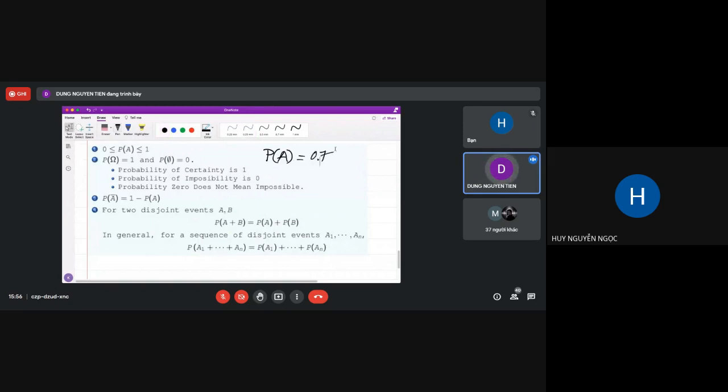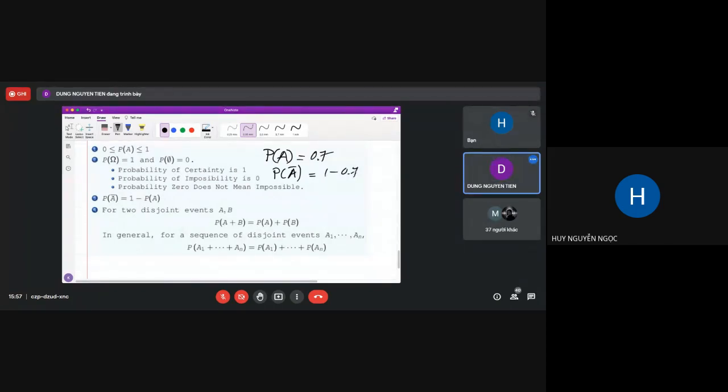What is the probability that you don't pass the course? The probability that you don't pass the course is the probability of A bar, which is 1 minus the probability of A, which is 70%, so you get 30%.